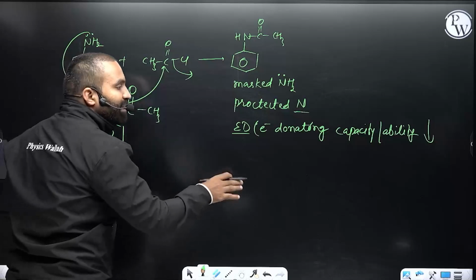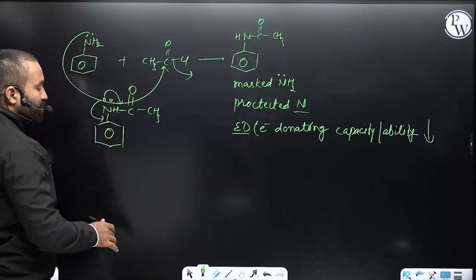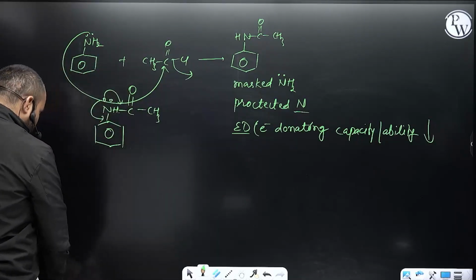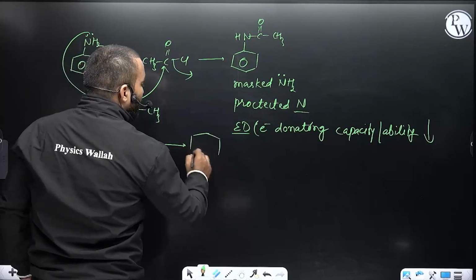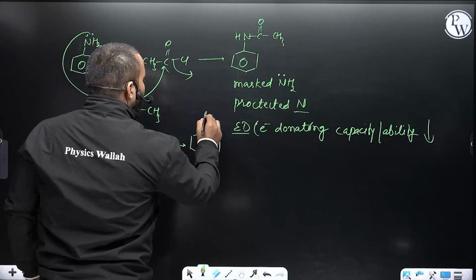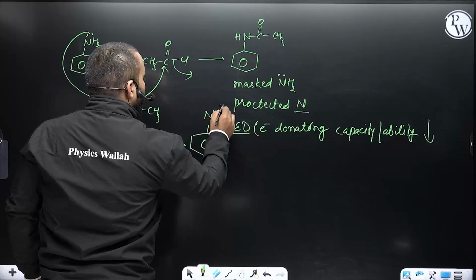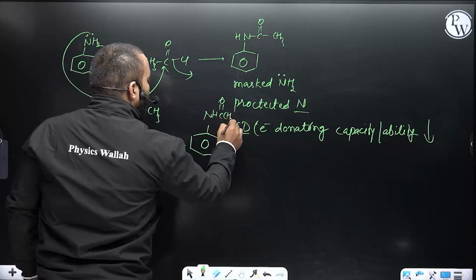Electron donation ability will be reduced. And then we can easily do nitration and obtain one particular product.